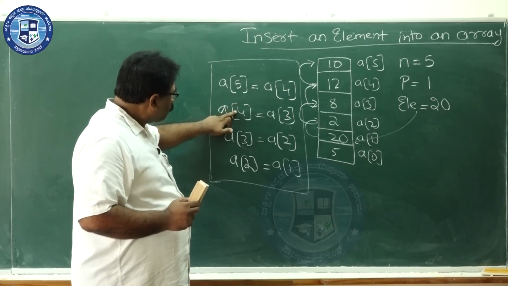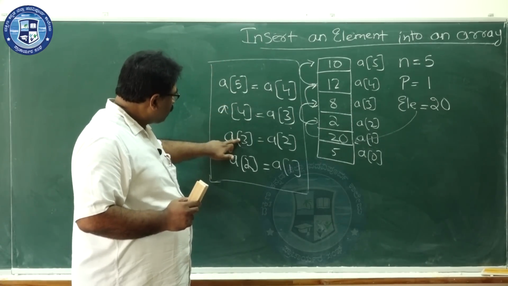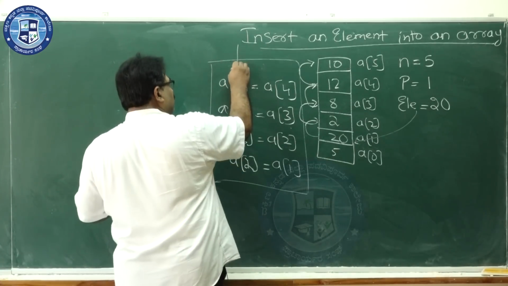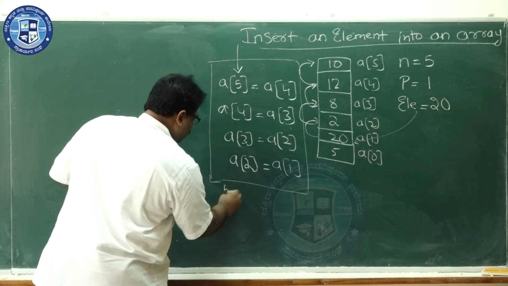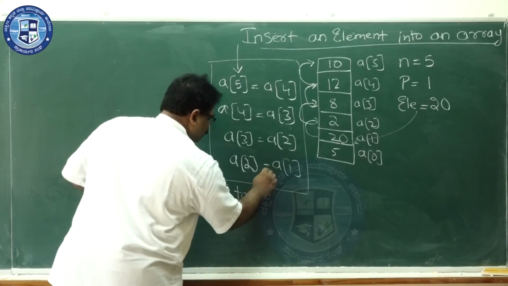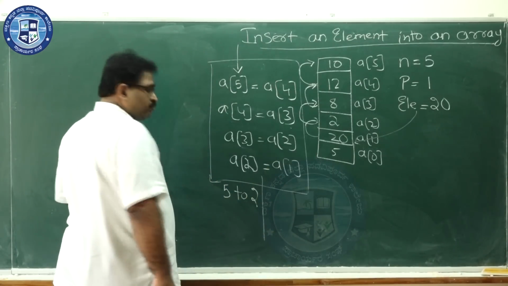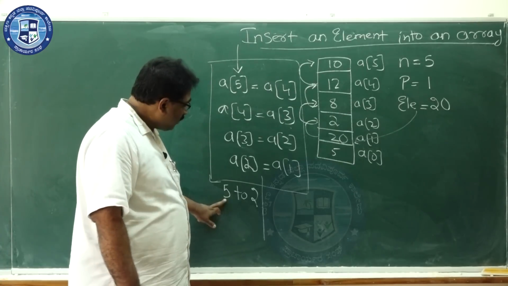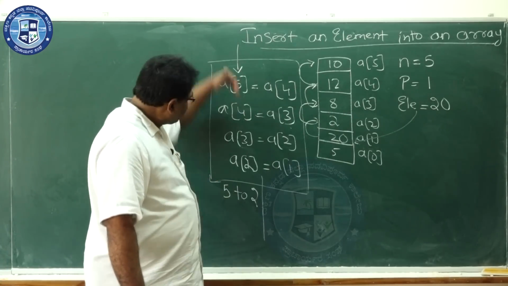Then it has gone to 4, then it has gone to 3, then it has gone to 2. It means if you take this part, I can say it travels from 5 to 2. It means the value of I should travel from 5 down to 2. It's coming down.